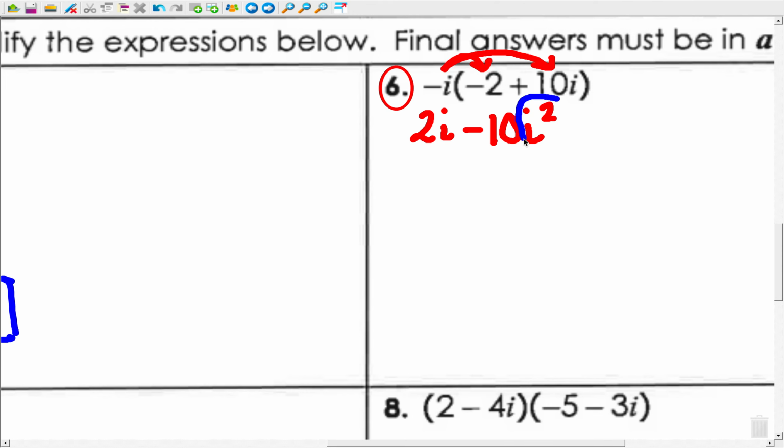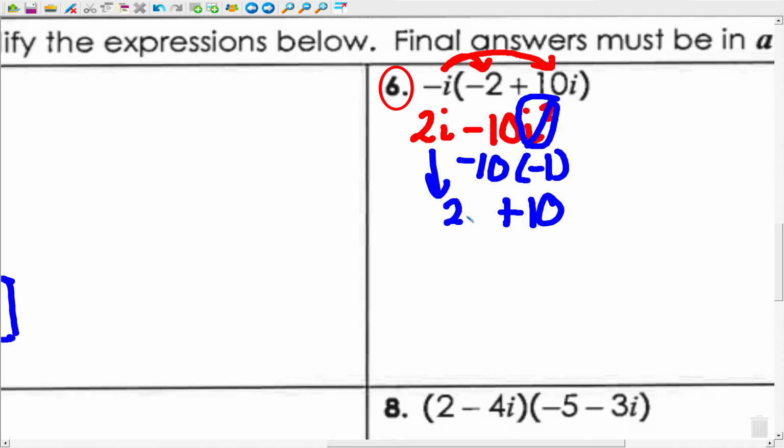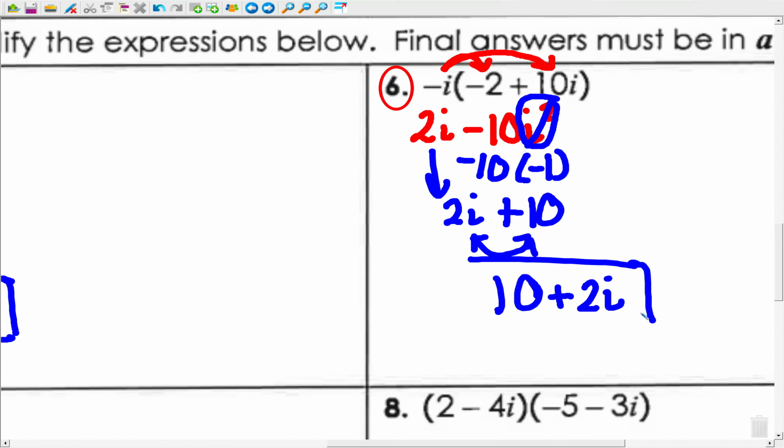I squared, you cross out and make it negative 1. Well, it was touching a negative 10, so that means negative 1 times negative 10 is a positive 10. Bring down what was over here, and then switch them around, because you want the real number first. 10 plus 2i becomes your final answer.